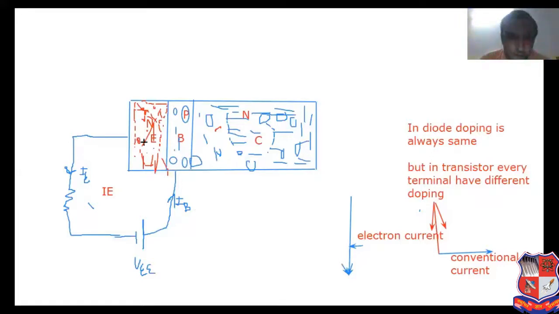Now from emitter to base, a large number of electrons can travel due to this forward bias. See this. A large number of electrons travel from the emitter towards the base. Why do they travel towards the base?